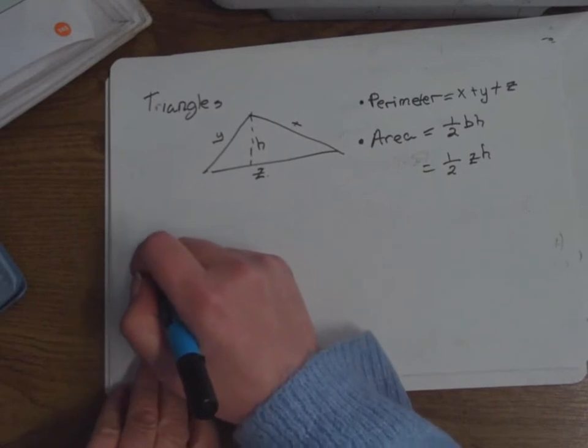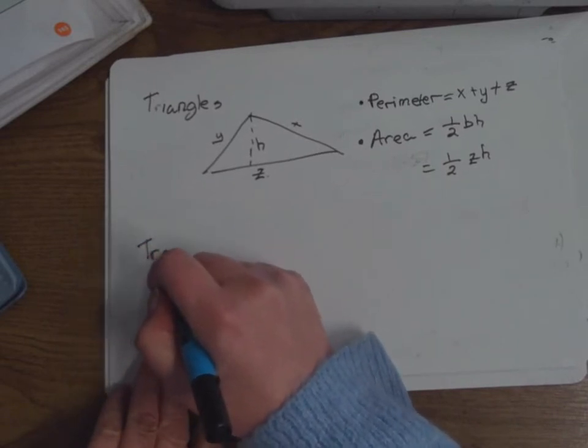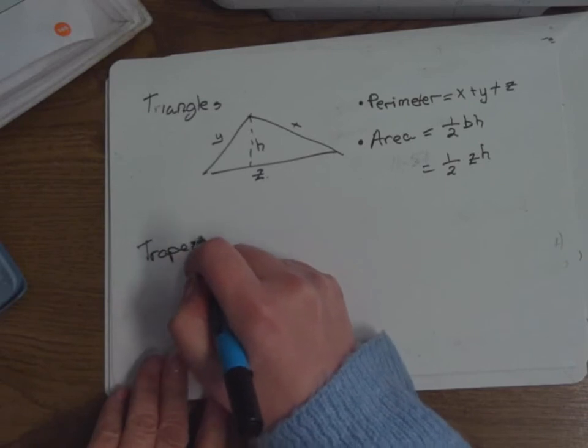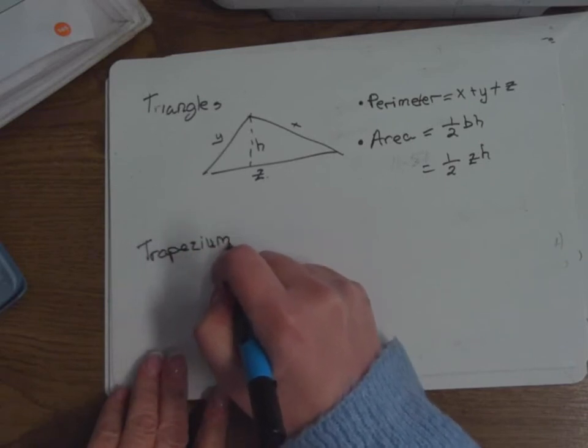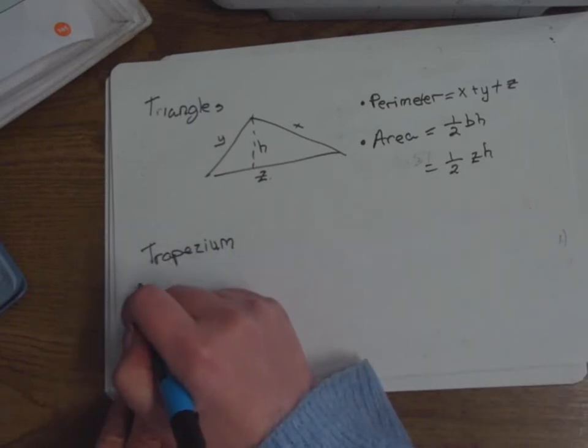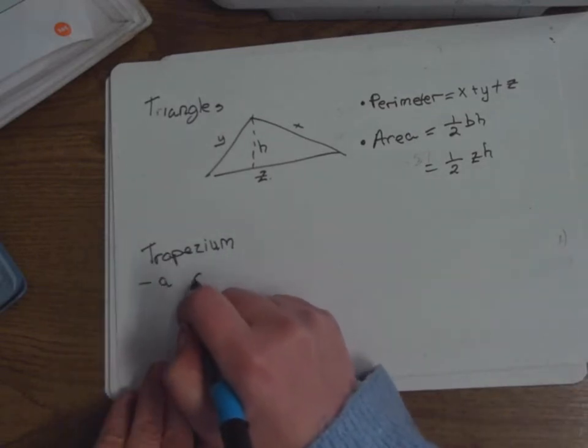Right, today I'm going to talk about a shape that you wouldn't have come across in junior cert, and it's called a trapezium. Right, so a trapezium, girls, is a quadrilateral.